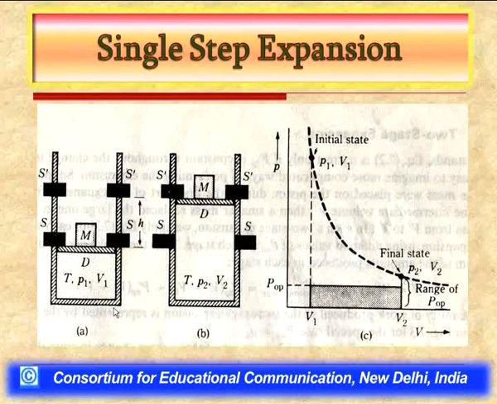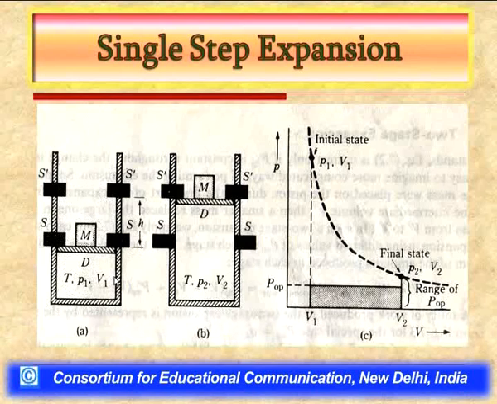Now, when this system alters its volume against some opposing force, we say the work is produced, and in most practical situations it is the expansion work. Let us see how in this present system, shown in the figure, we can observe expansion work.